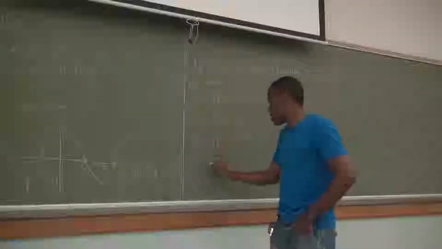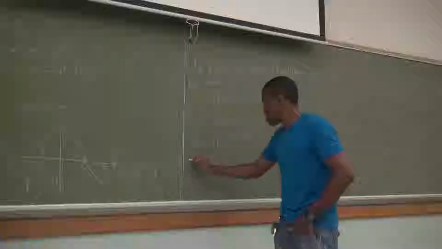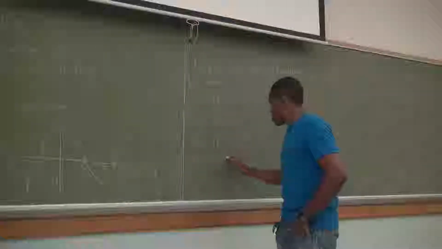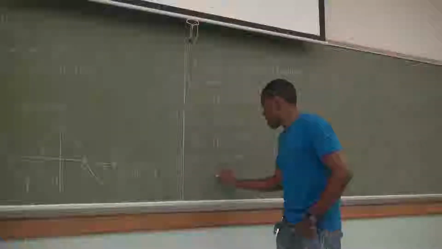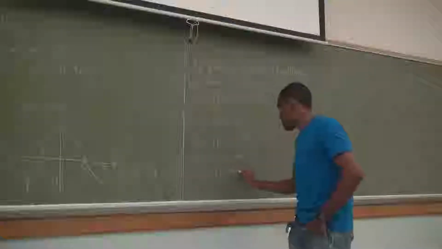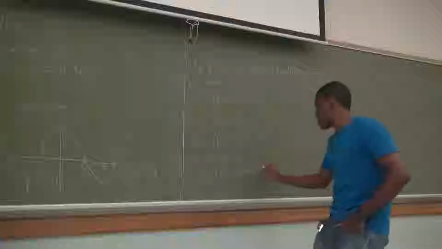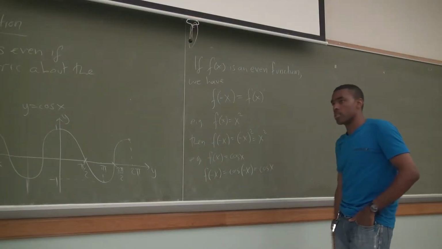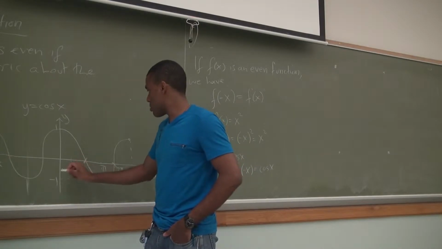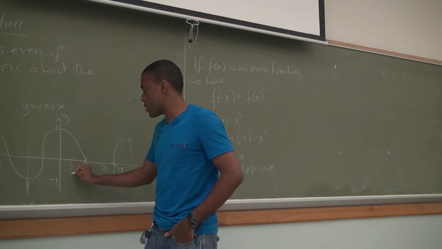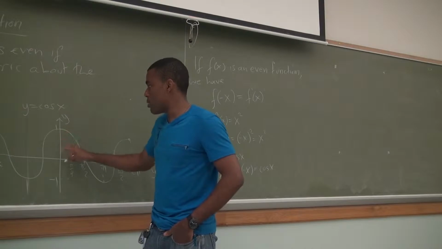Right? Or if your f of x is cosine x, then your f of minus x is just cosine of minus x, which is just cosine x. No matter what x value you pick here. Like if I pick pi over 4 here, the y value would be what?